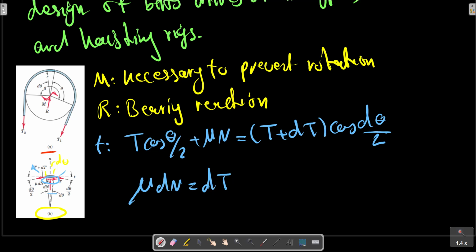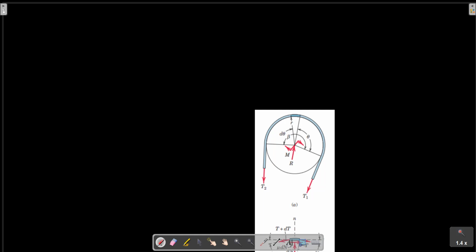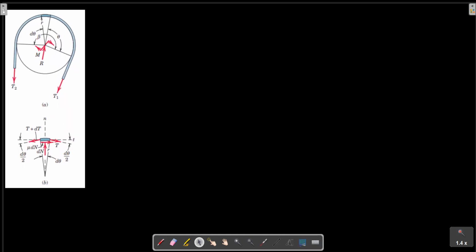Equilibrium in the n direction can be written as this relation.